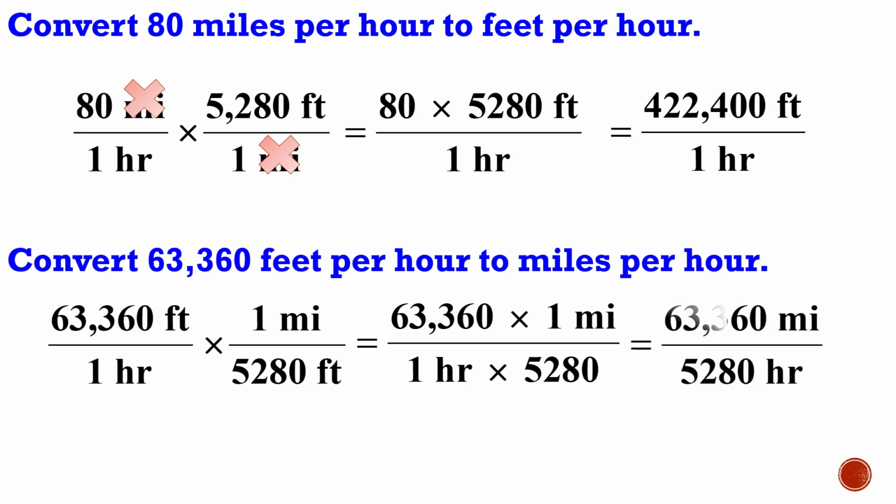Well, that will simplify to 63,360 miles per 5,280 hours. Well, that's definitely a good ratio of miles to hours, but it's not miles per hour. Notice the wording, per hour, indicates per 1 hour.